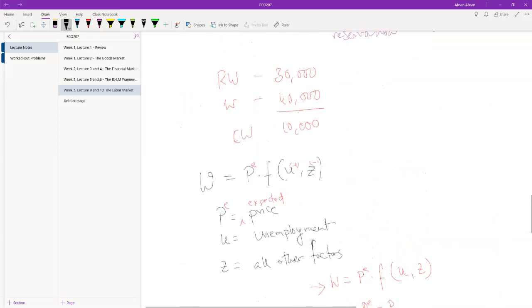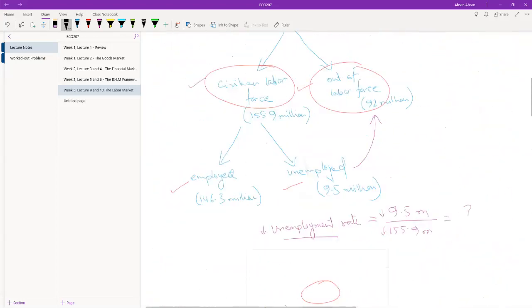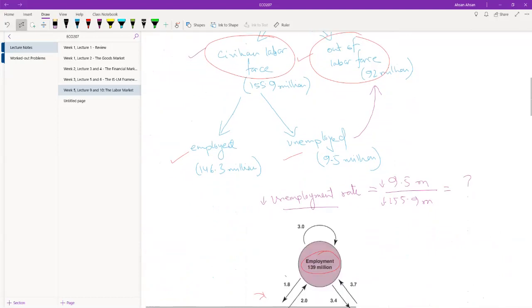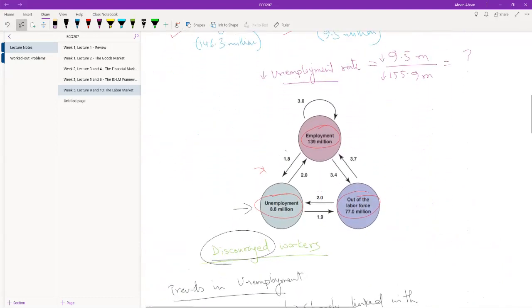So we're going to stop here today. I'm going to summarize very quickly. Okay, so this is just background information. I would encourage you guys to become familiar with this diagram. Obviously, you don't have to memorize the numbers. That's not important. And it obviously varies from country to country, but the dynamics matter.